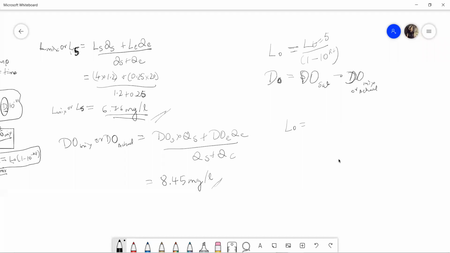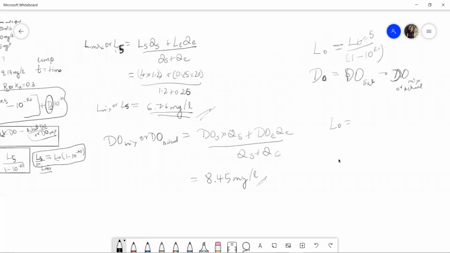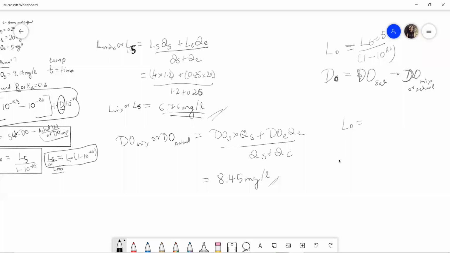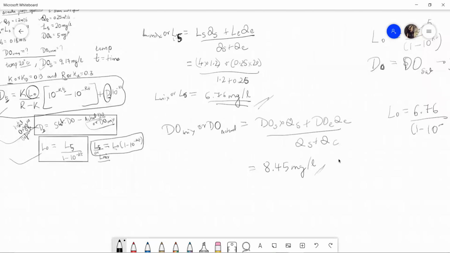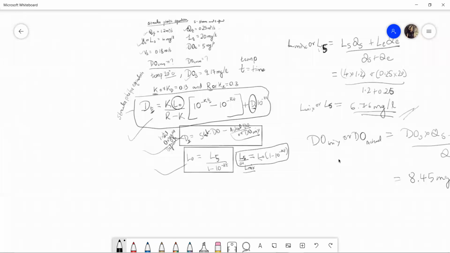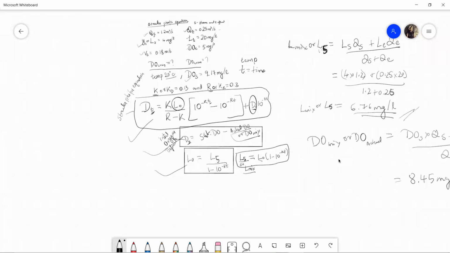So L5 is 6.76, right? So 6.76 is LT. Then 1 minus 10 to the power minus K, where the value of K is given as 0.13, that is the deoxygenation constant, 0.13.